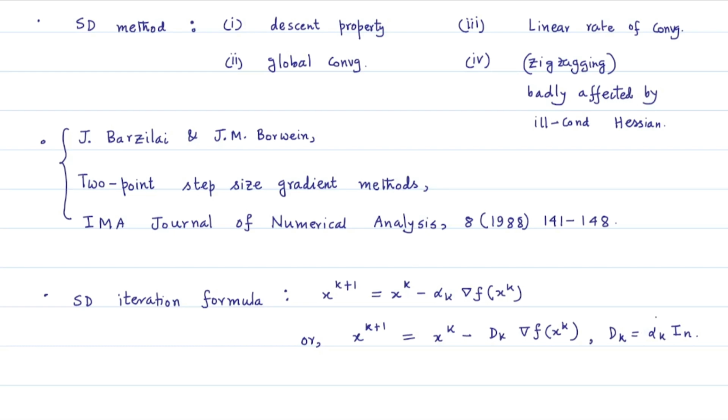Now here we choose the step length alpha_k in such a manner that this matrix D_k satisfies the quasi-Newton property.